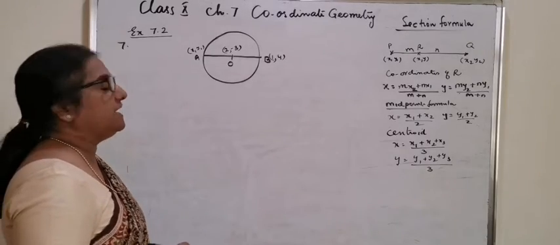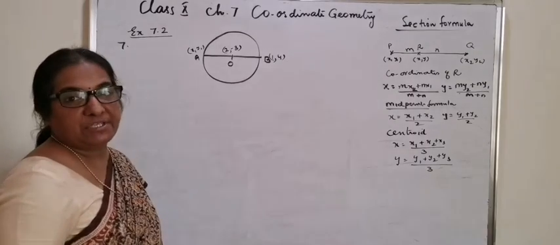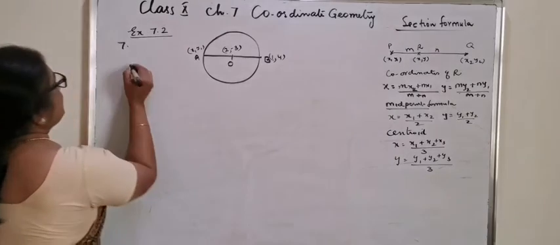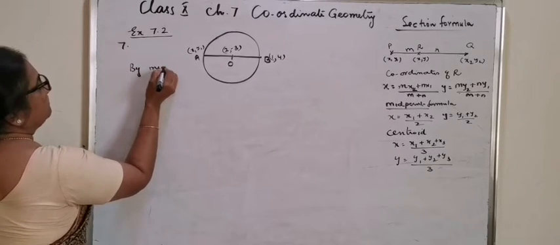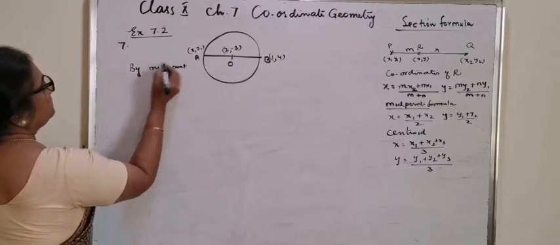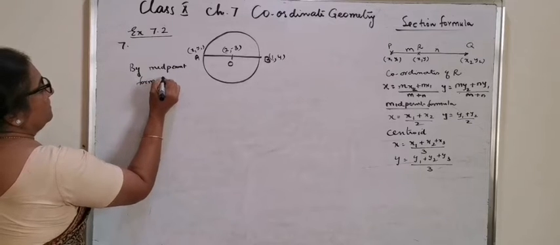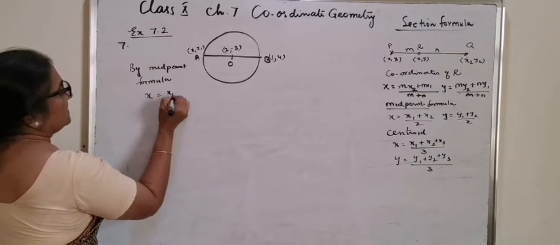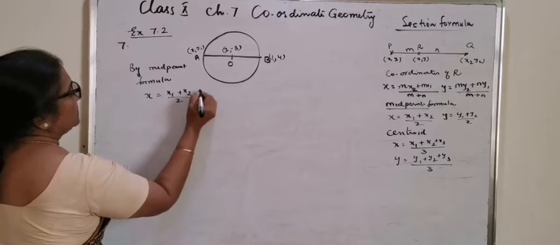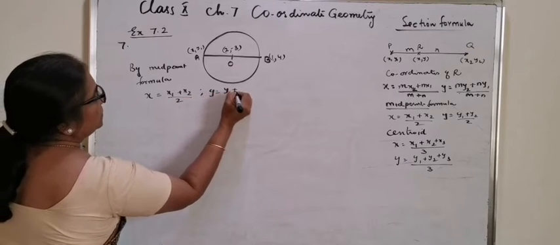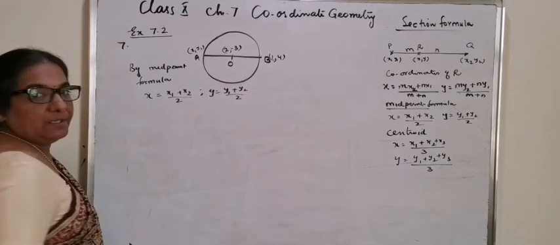How to get the coordinates of the point A? By using the midpoint formula, x is equal to (x1 plus x2) by 2 and y is equal to (y1 plus y2) by 2.